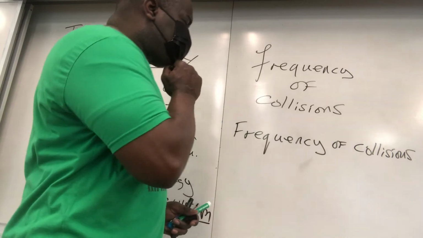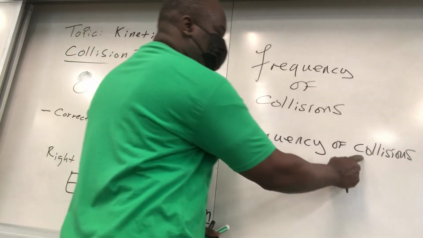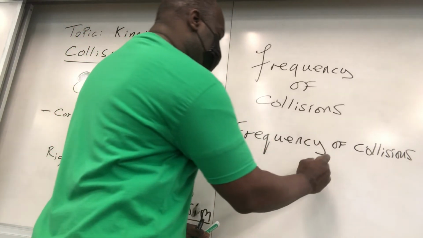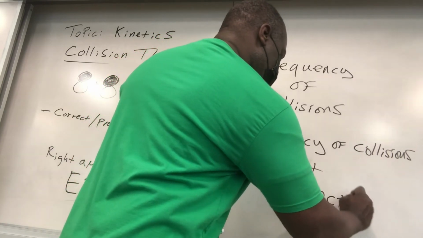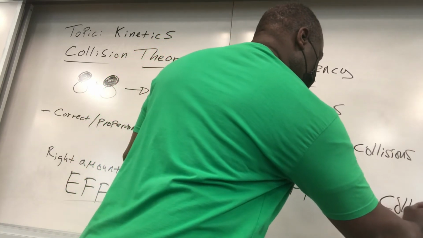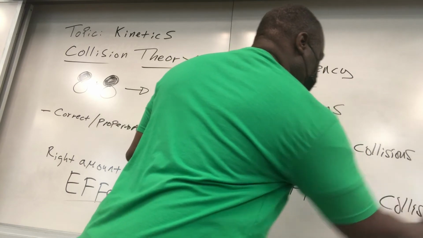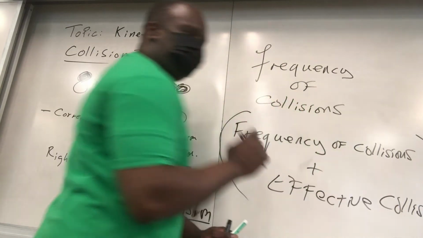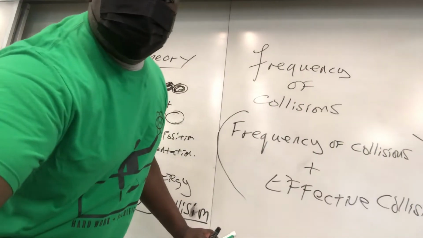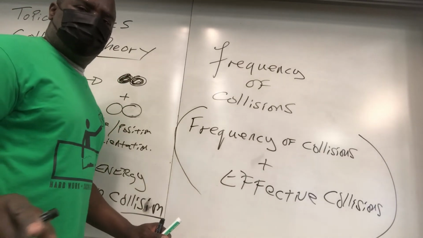So once again, frequency of collisions will help us get more effective collisions. This is what the collision theory says will cause your overall reaction to be successful. All right, so no problem.